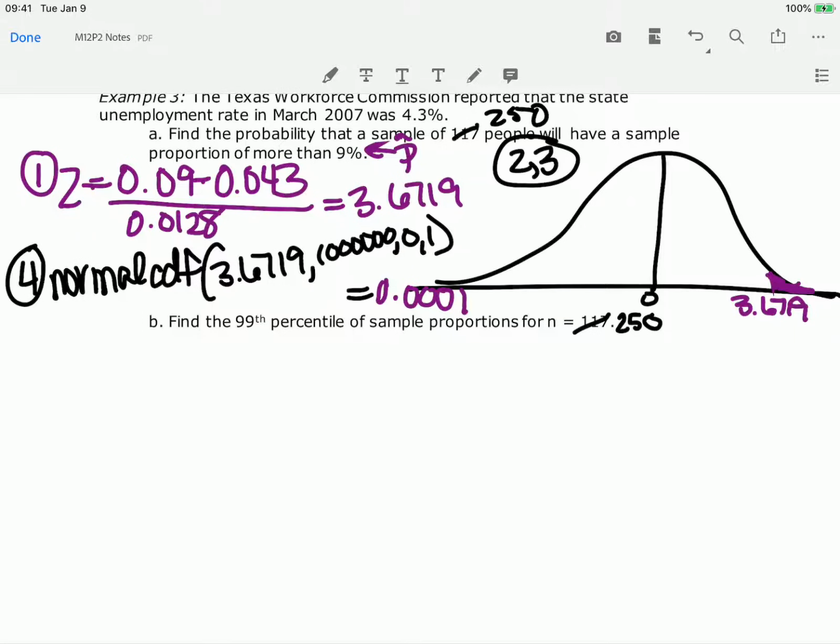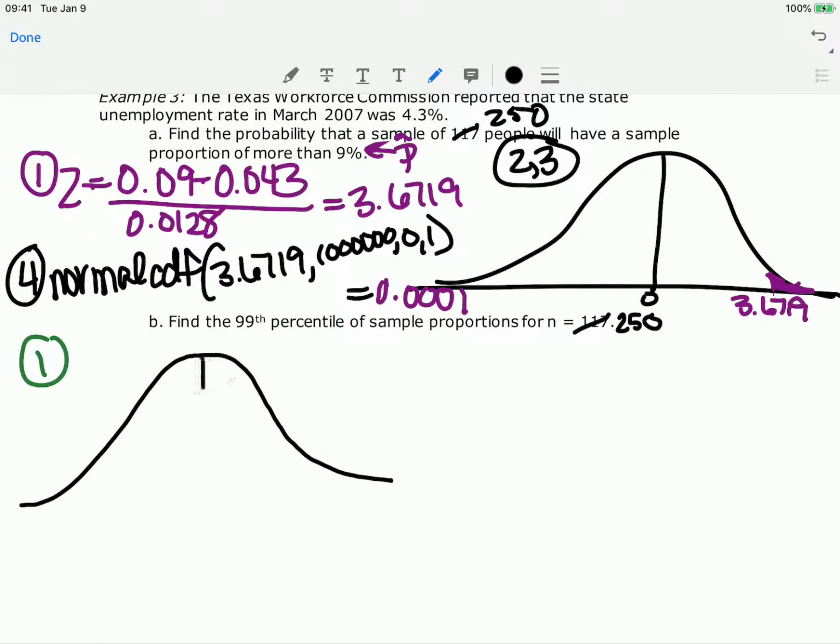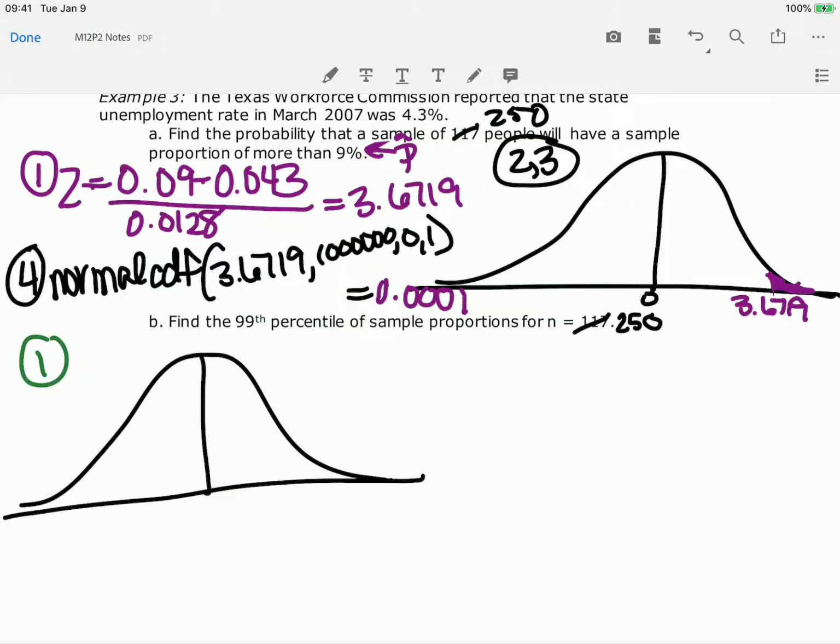So find the 99th percentile of sample proportions for n equals, and we change that to 250. So now this is one of those working backward problems. So the first thing we needed to do in one of these problems was to draw our curve. So draw the curve and then shade the appropriate region.